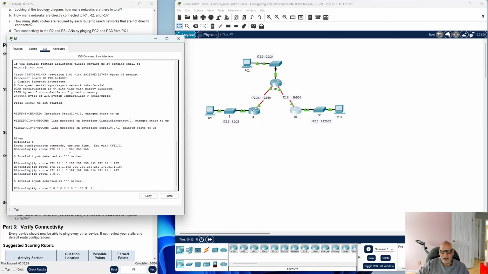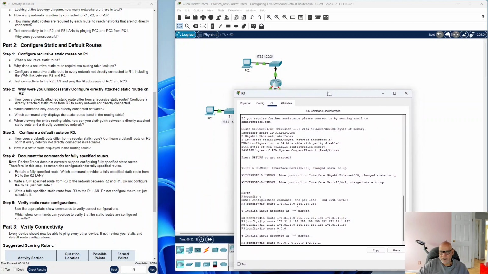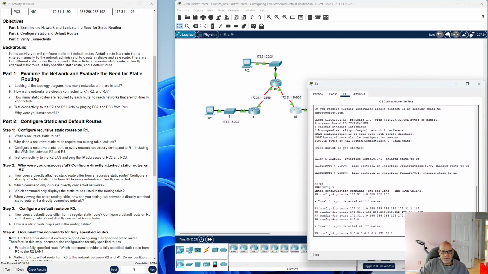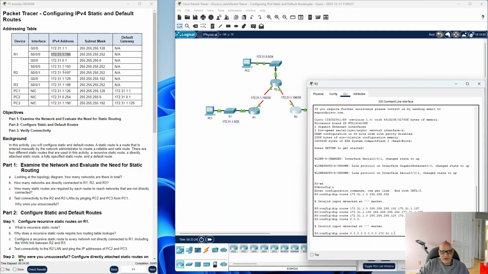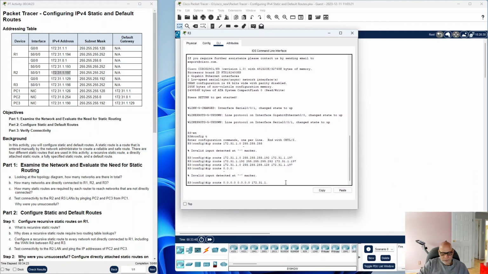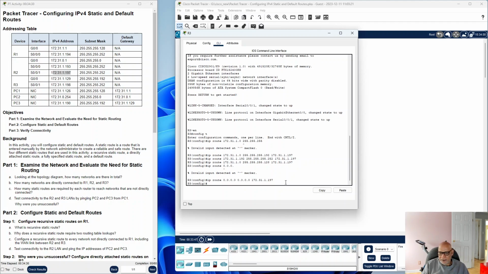What is the R2 IP address here? Serial 197. So 198 is the address of the R3 serial interface, and 197 is the R2 serial interface. Okay, 197. And this is how you create the default route.